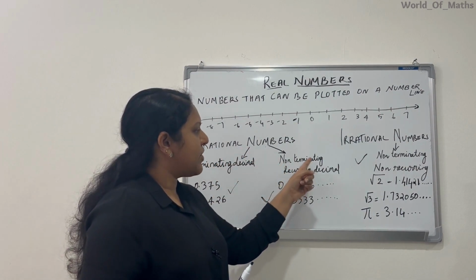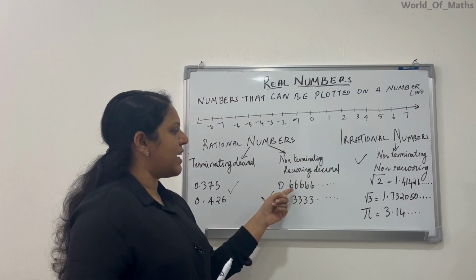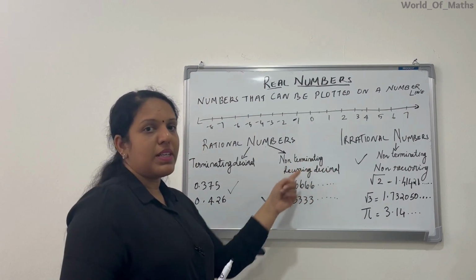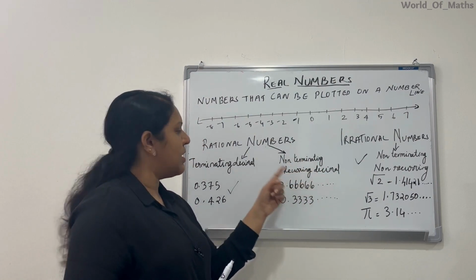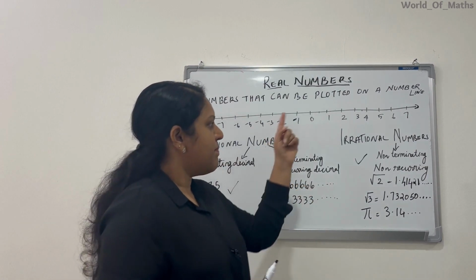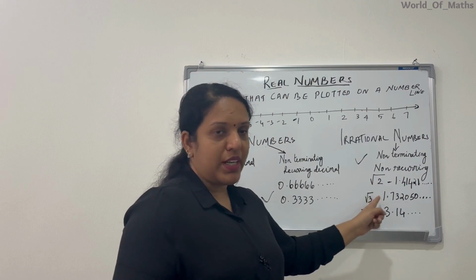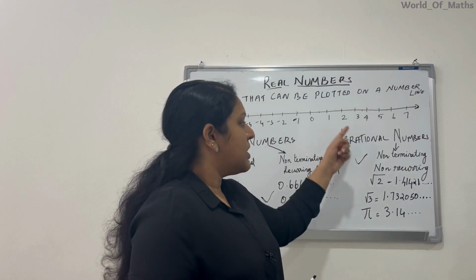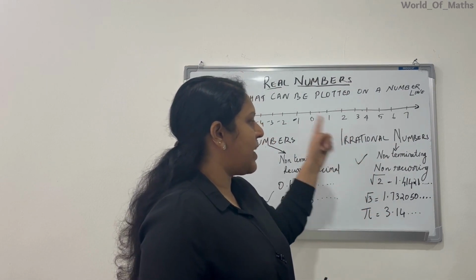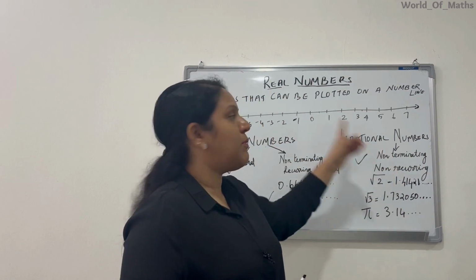The non-terminating recurring decimals, which never end but repeat the same number, are also real numbers. The irrational numbers, like the square root of 2, square root of 3, square root of 5, are also real numbers because we can plot them on the number line.